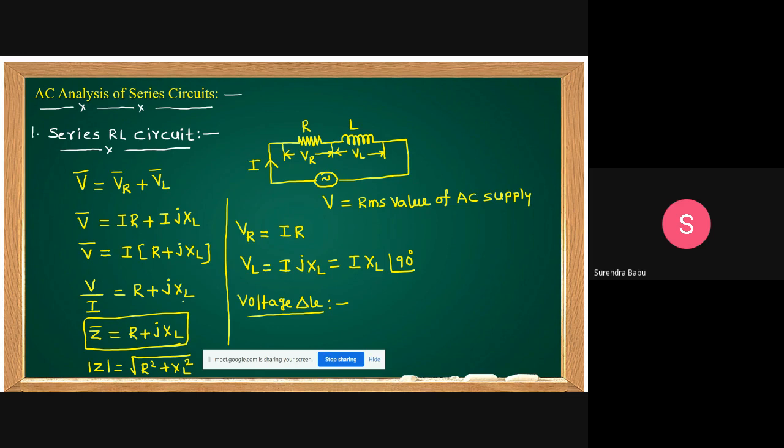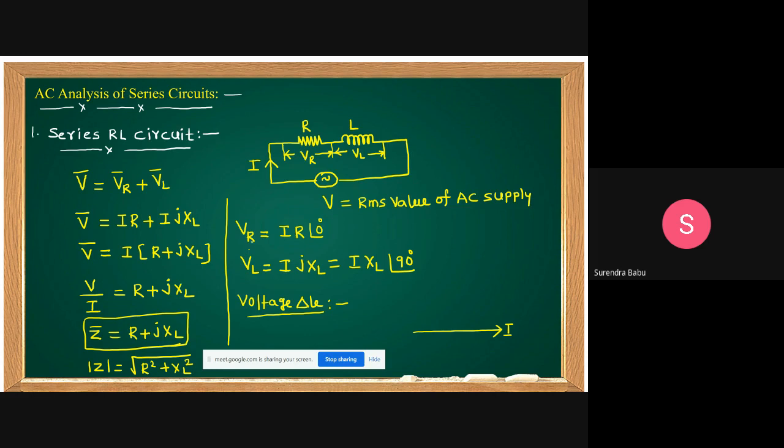Please concentrate. Here I am drawing the voltage triangle. This is the series circuit, so current remains constant. Take I as the reference. Now VR equal to I into R, at an angle of 0 degrees.